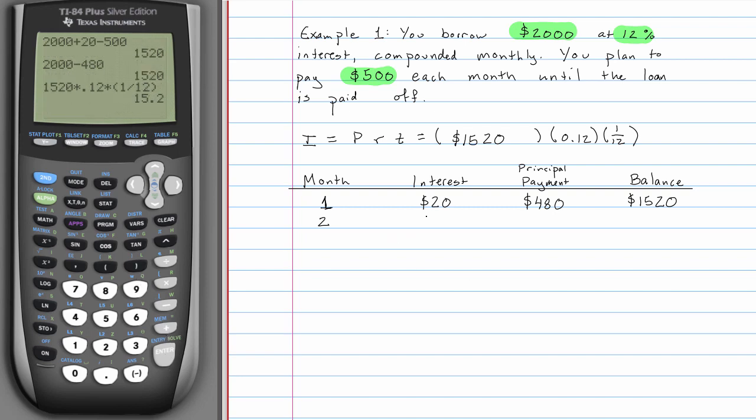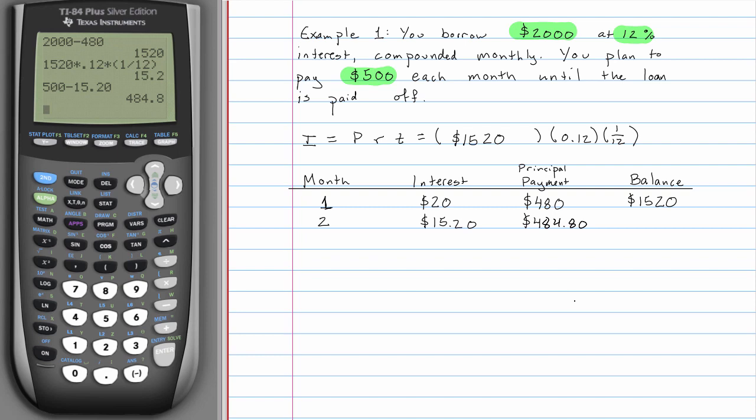So in the second month, I only accumulate $15.20 in interest, which means that more of my payment goes toward the principal, right? $500 minus $15.20 for interest, $484.80 goes toward the principal.